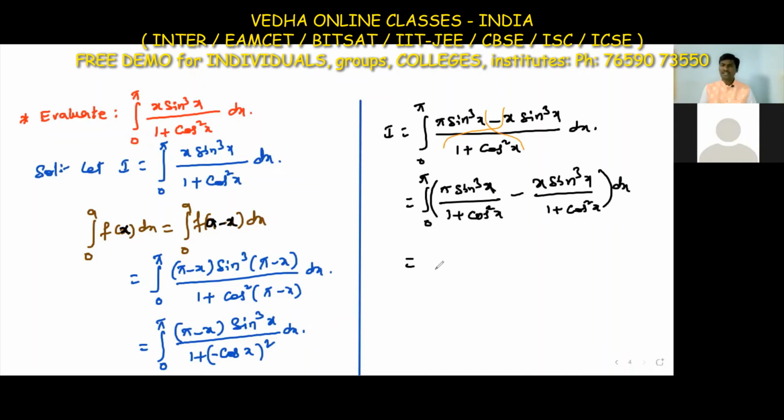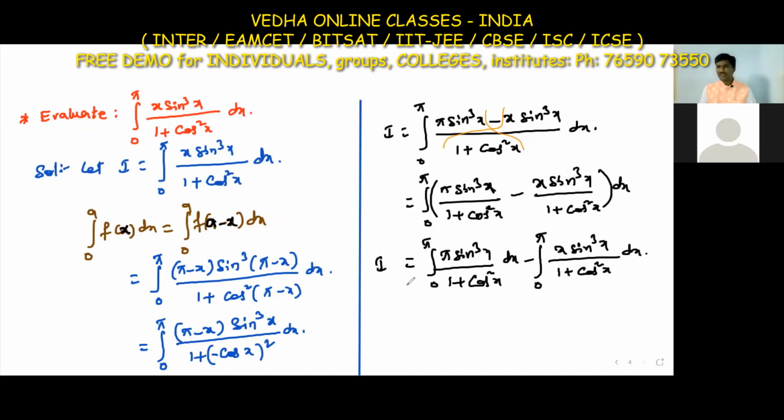Now separate the integration and dx: integral of 0 to pi sine cube x divided by 1 plus cos square x dx, minus integral of 0 to pi x sine cube x divided by 1 plus cos square x dx. This is the value of I only.